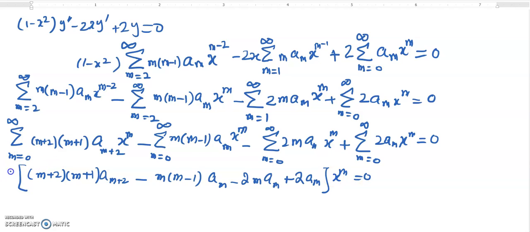And then I can even put sigma over here, sigma m is equal to 0 to infinity.